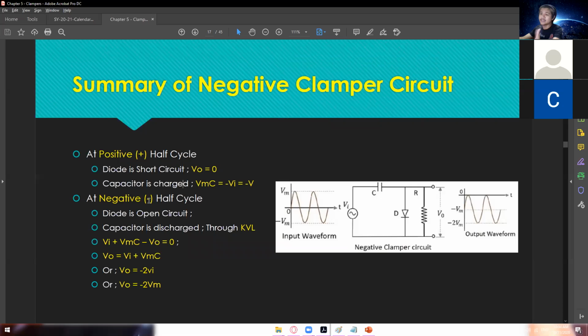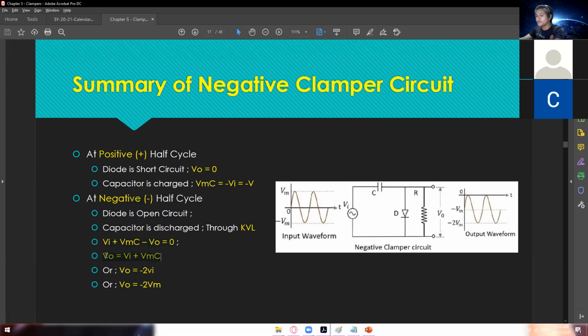And during the negative half cycle, of course, it is now an open circuit, and that's the only time that our capacitor will be discharged. If this is open circuit, you can analyze this circuit with the use of KVL, and you will get this equation.